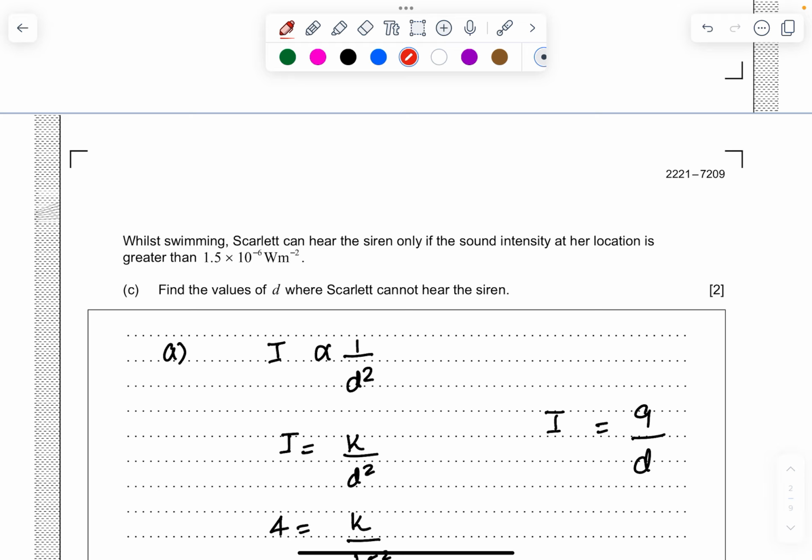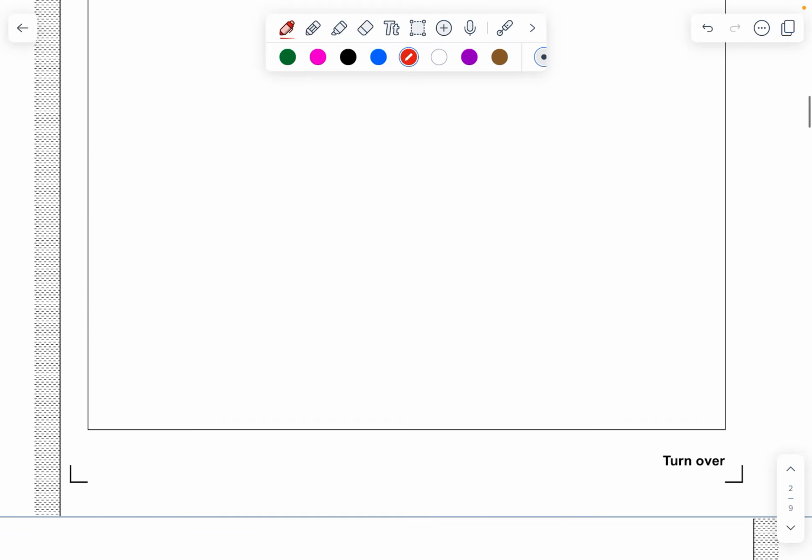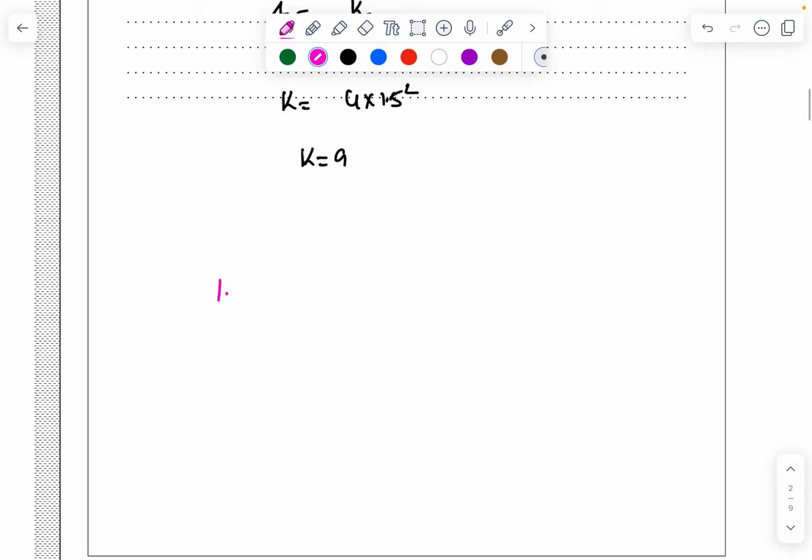While swimming, Scarlett can hear the siren only if the sound intensity at her location is greater than 1.5 times 10 to the power of minus 6. Find the value of d. So for this, what am I going to do? I'm going to write 1.5 times 10 to the power of negative 6 is greater than or equal to 9 upon d square.